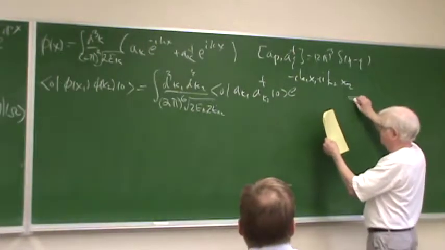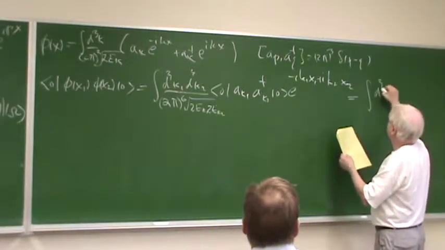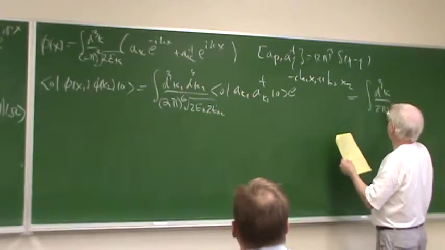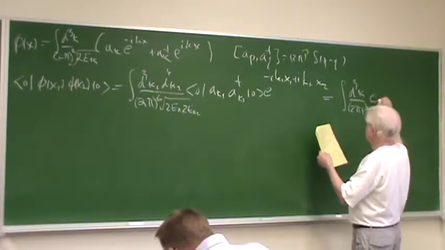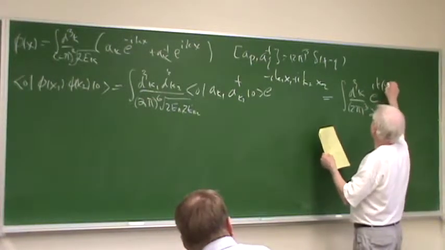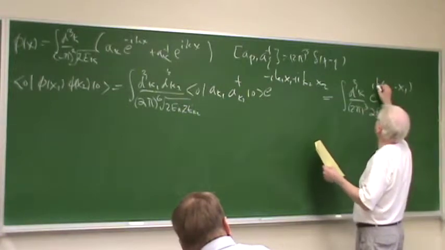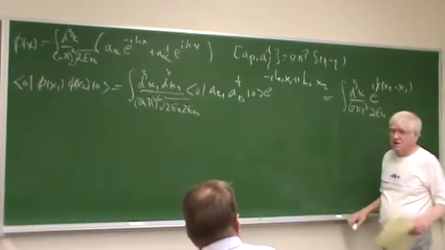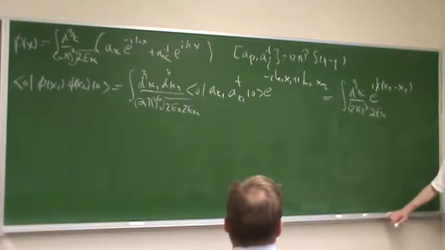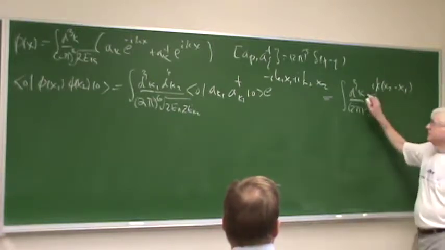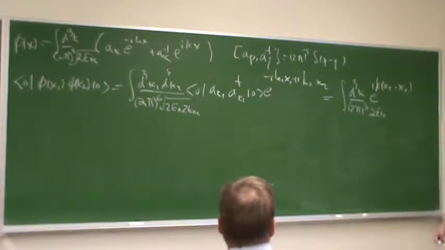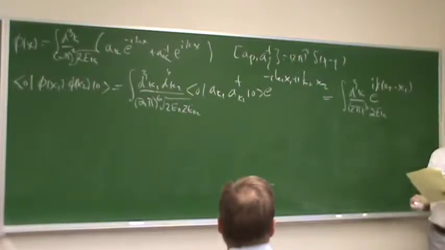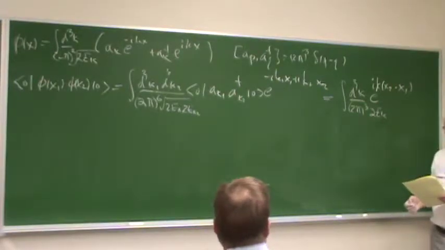And so this turns out to be integral d cubed k over 2 pi cubed, 2 E k, e to the i k times x2 minus x1. This is Lorentz still. All right, are we happy? And the k here I chose to be k2, so I absorbed k1. All right, so we're happy with that, are we? All right.